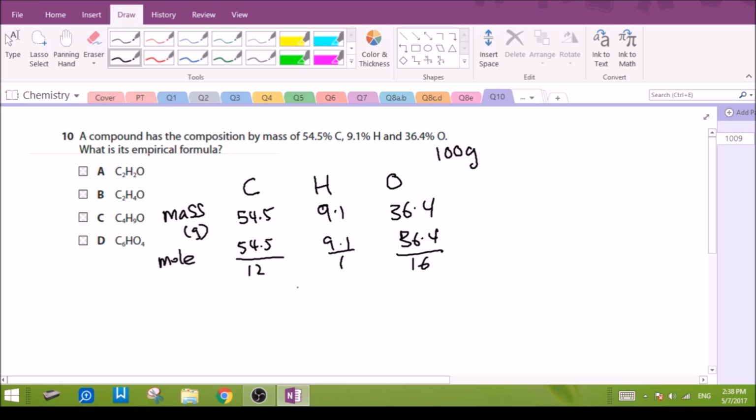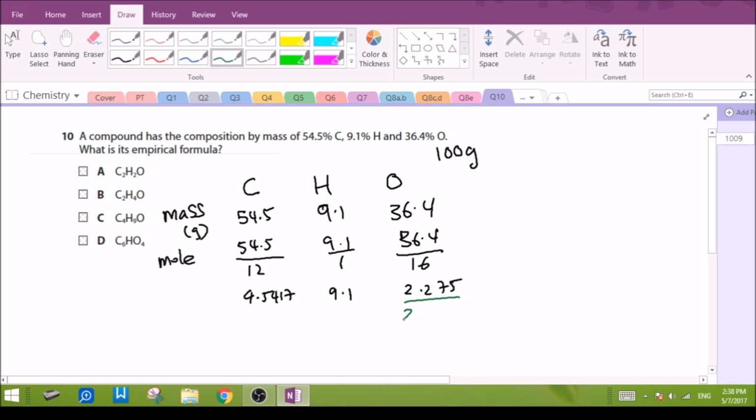And dividing by that, we have 4.5417. You will be using your calculator for this. 9.1, 2.275. These are not nice whole numbers yet at the first stage. So let us try dividing by the smallest number among them. In this case it is 2.275.